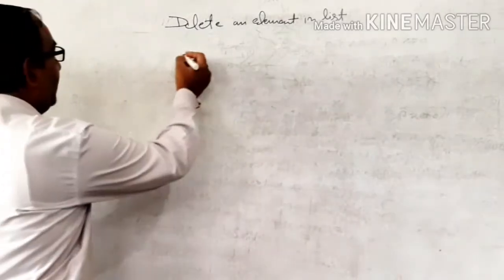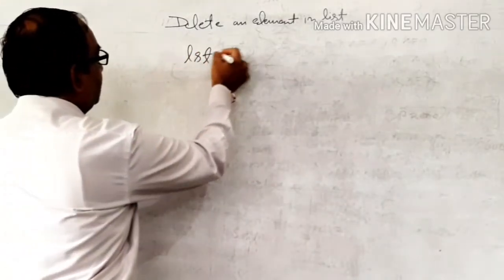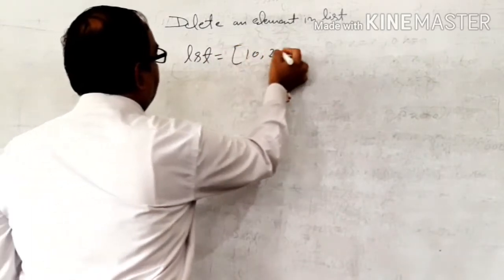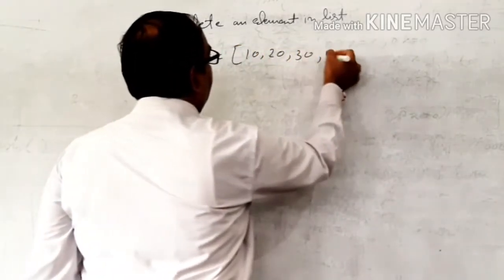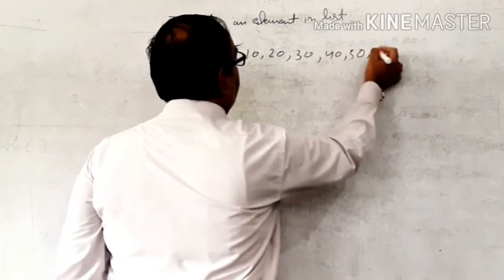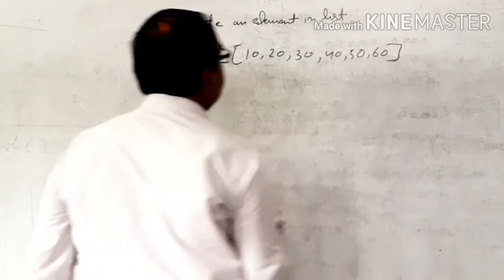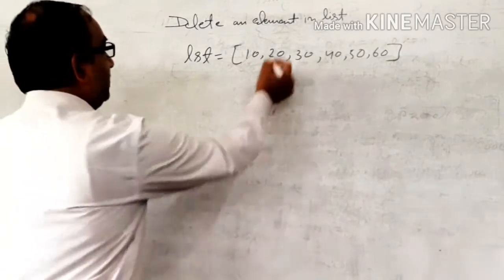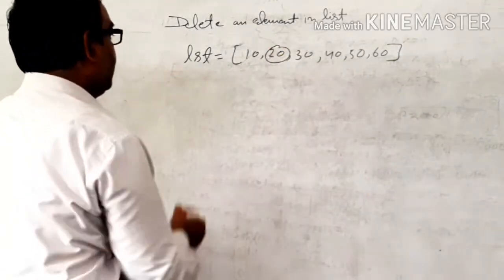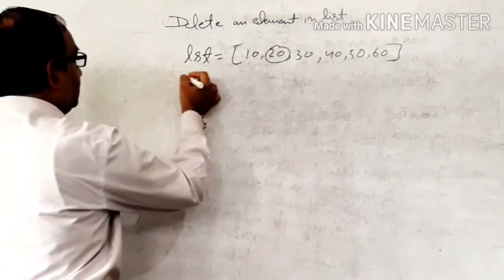So in my list, this is the LST having elements 10, 20, 30, 40, 50 and 60. If you want to delete 20, you just find out the item.